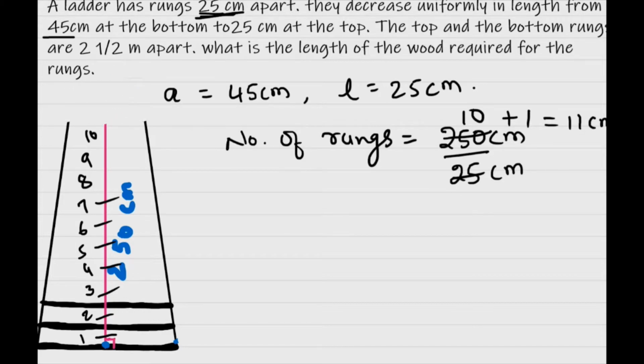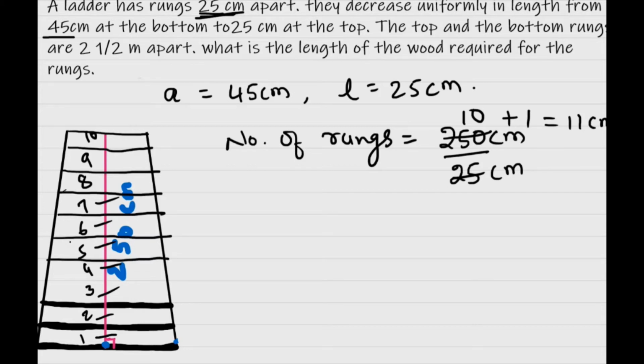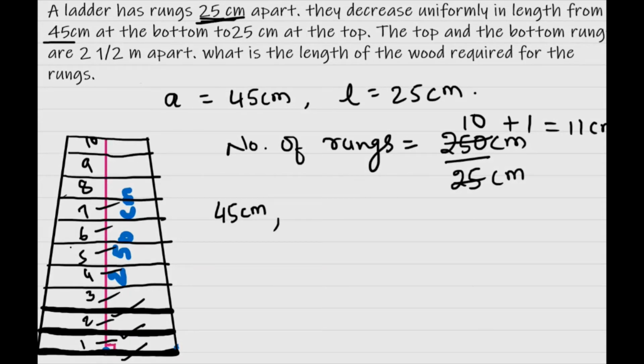Then you will understand how it comes, because you are covering the upper part and the lower part also. 1, 2, 3, 4, 5, 6, 7, 8, 9, 10, 11. So the number of rungs we are getting is 11.